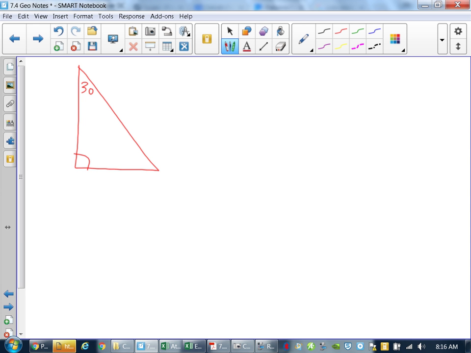So let's say that you know that across from the 90 is 12. What we do is start by writing out our jig. 30, 60, 90. The 30 degree looks at the value of x. The 60 degree looks at the value of x times square root of 3. And this one looks at 2x.